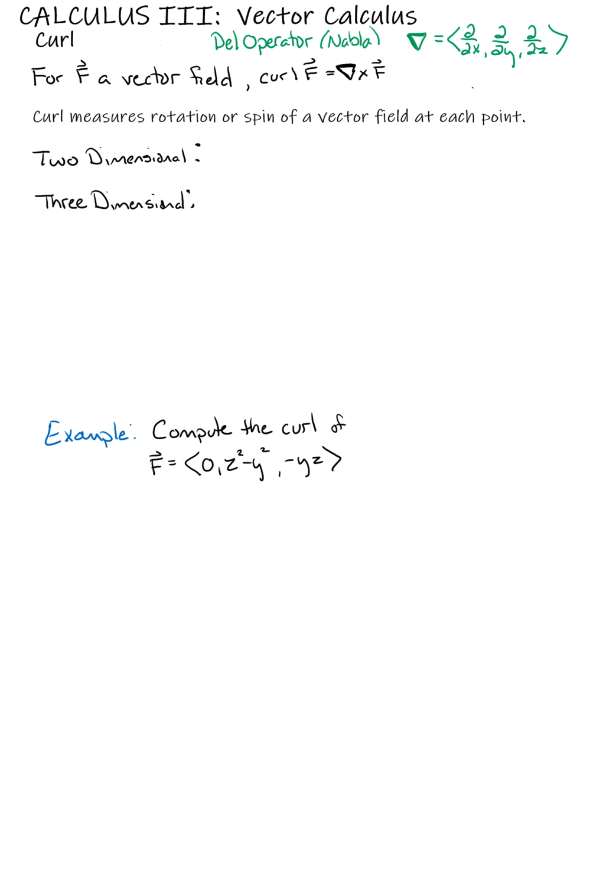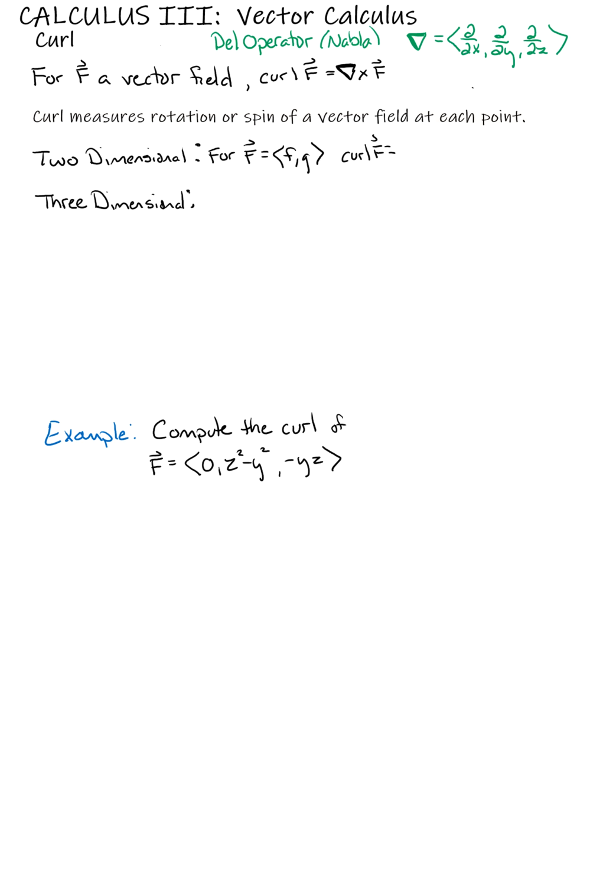If we are looking at a two-dimensional situation, then our vector field could look like the vector field f, g. So it has components f and g. And the curl of f, again, is the cross product of the del operator with f.